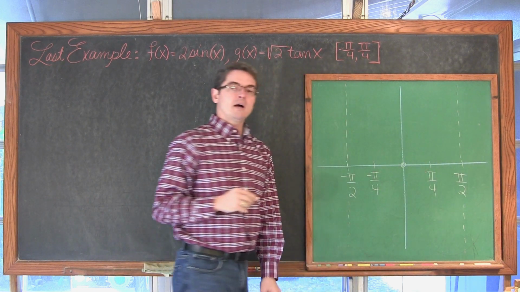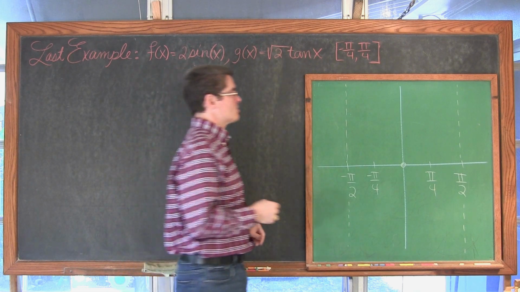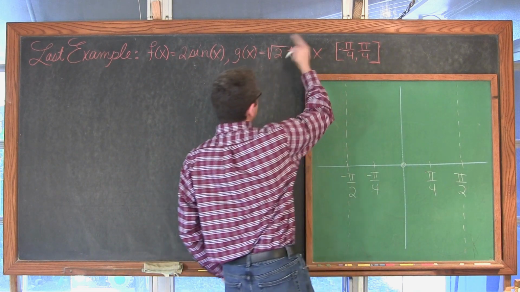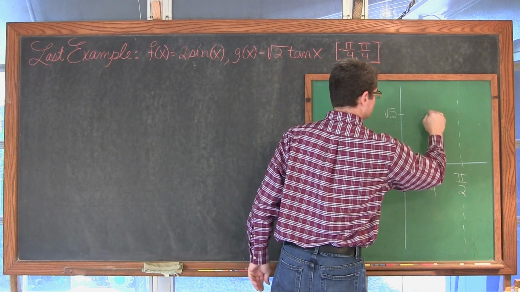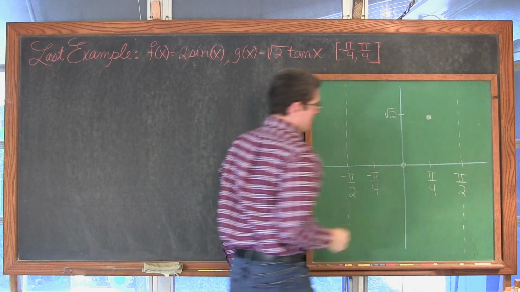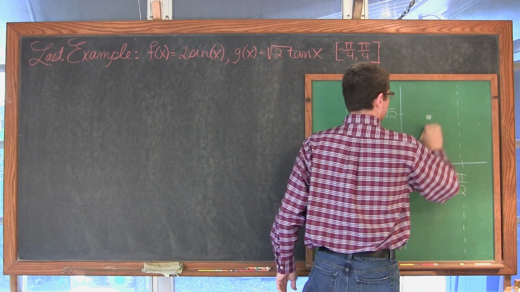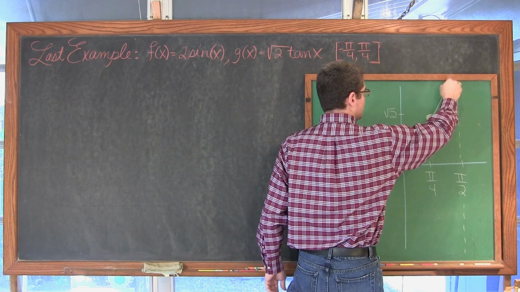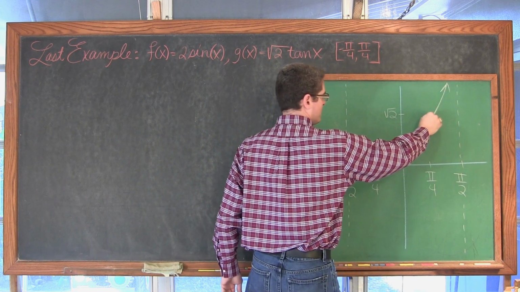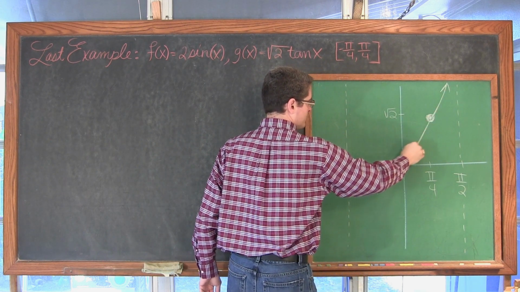The tangent of pi over 4 is normally 1, but now it's going to be square root of 2 here with that a value of square root of 2, and I'm just going to put that here. And that means that our function is going to look something like this. Make that point bigger so I actually hit it.